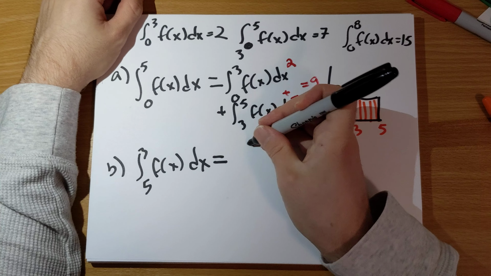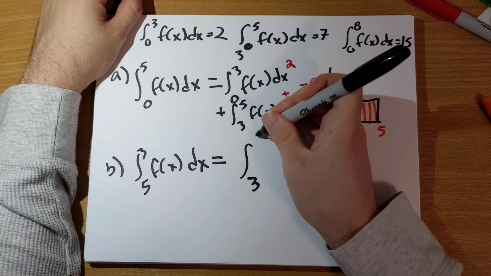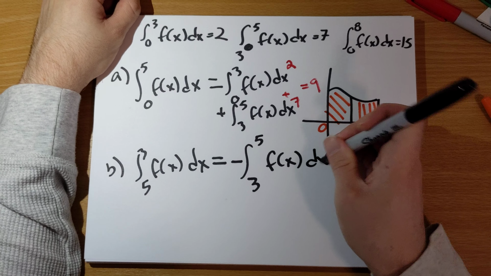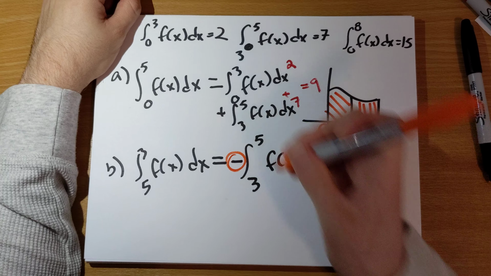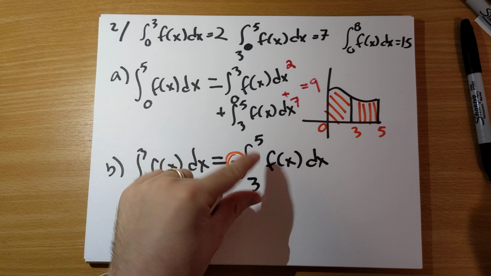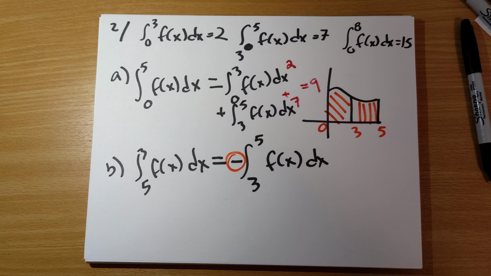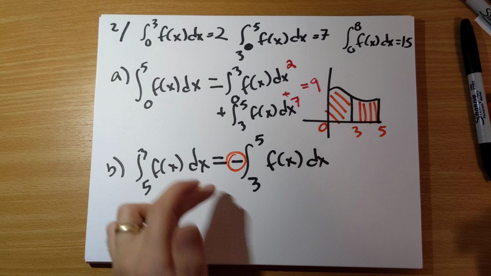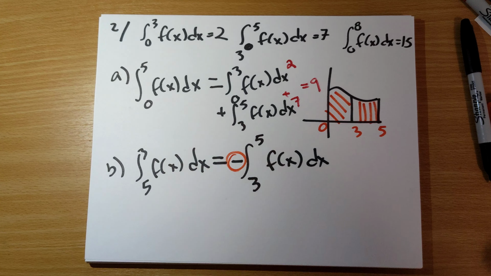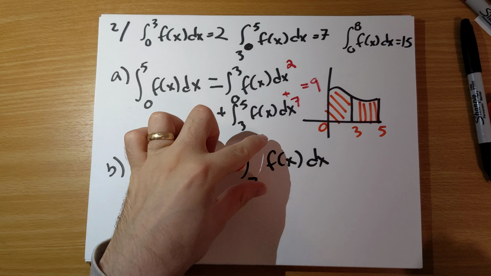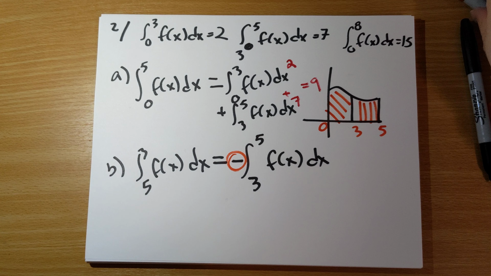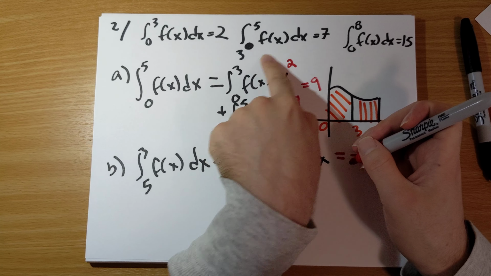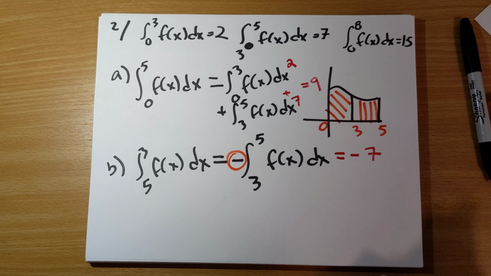And so a property that we should know is that we can interchange the bounds here at the cost of introducing a negative sign. So integral from b to a of f of x dx is equal to negative the integral from a to b. Flip the bounds, the order, throw in a negative sign. So this is equal to the negative of, we already have this up here, negative 7.